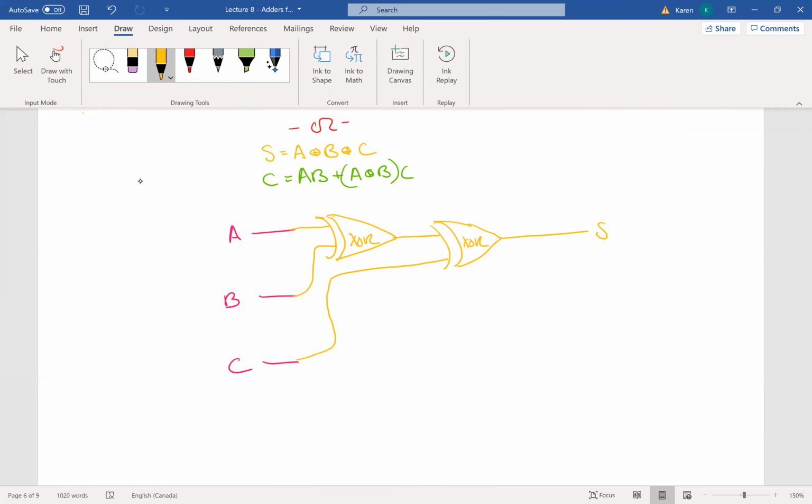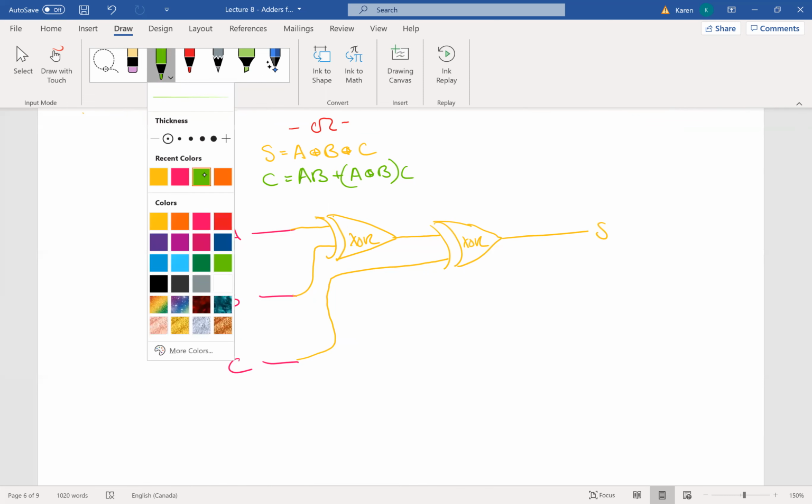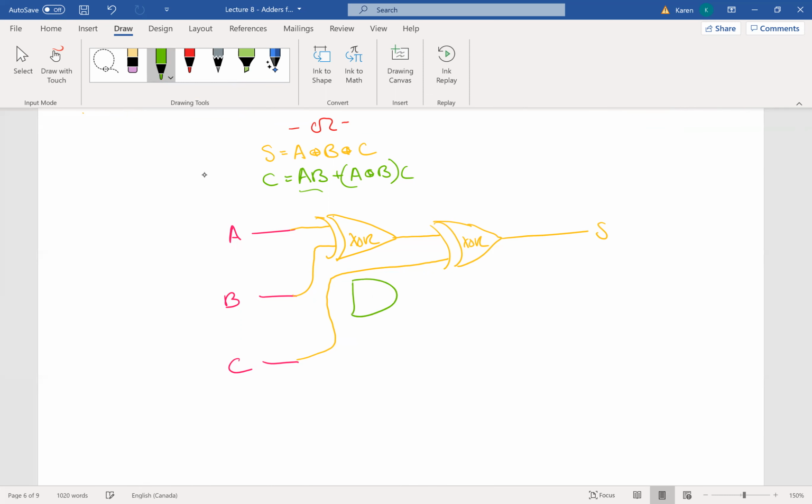And then carry needs to take A and B. A and B. So we would have an A and B. Here's my A. And then my B. I would have A exclusive OR B. So again, I need to take my A. I need to take my B. A exclusive or B. I need to AND that with C. A exclusive or B ANDed with C. And all of that gets ORed together.